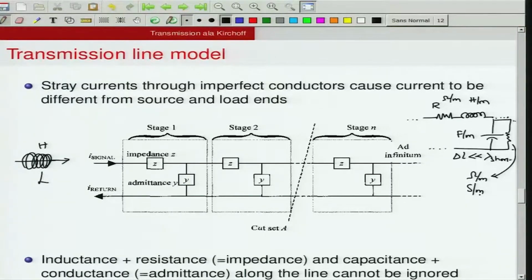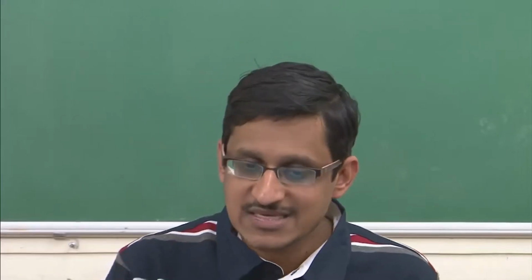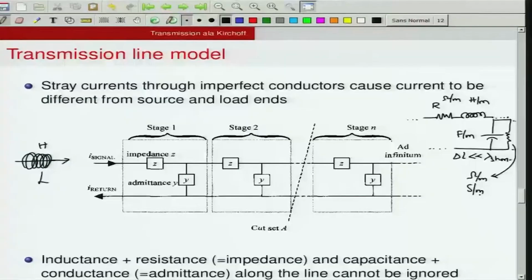So essentially a 2-wire canonical transmission line can be thought of as composed of an infinite number of stages. Each stage is so small that we can treat it as a lumped circuit, and in each stage you will have impedance as well as admittance.